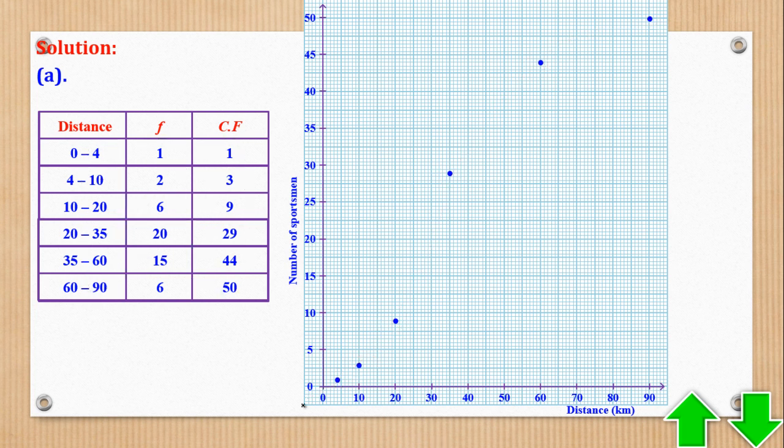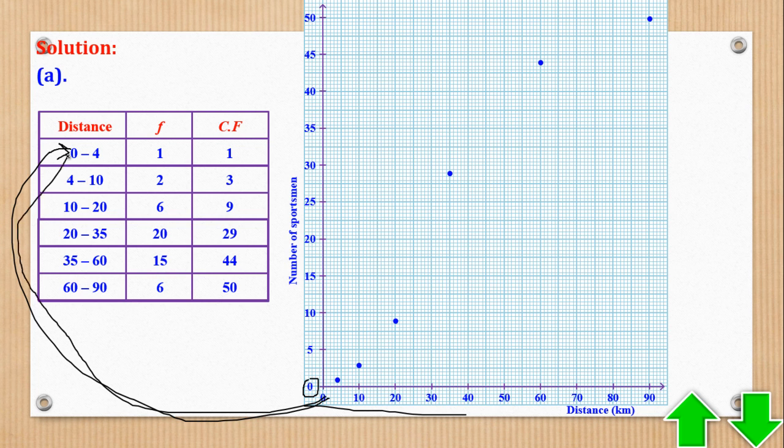For the horizontal axis, start with the lower class boundary. For the vertical axis, start from 0. Hope that makes sense. For the horizontal, it is not a must that it should be 0. It is 0 because in this case, our lower class boundary is 0. But for the vertical, you have to start from 0.